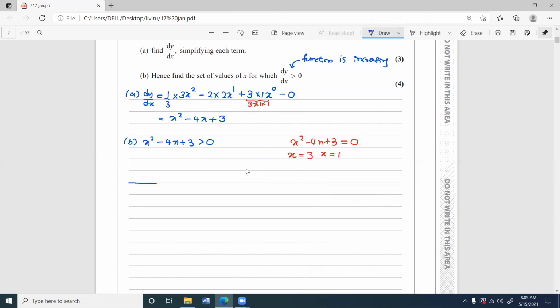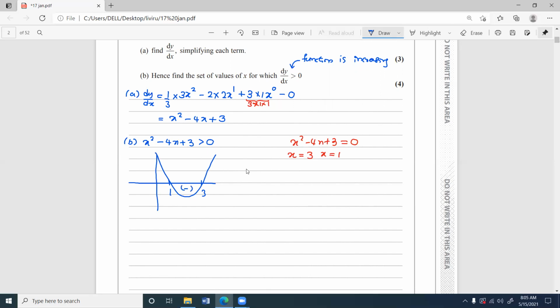Then we can mark this on a coordinate system and mark this inequality. Here it's 1 and here it's 3. So it's a graph with a minimum. In this region, the function has negative values, the y values are negative here.